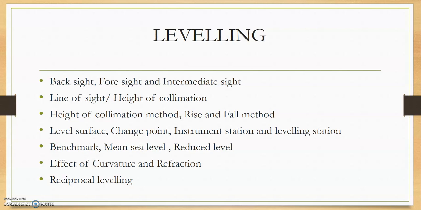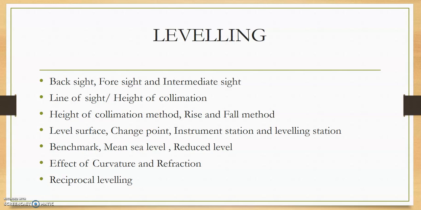So a benchmark is a known datum which has a known RL with respect to mean sea level. What is mean sea level? We know that during full moon day and new moon day, the height of the wave changes, hence we should consider the average. The average sea level is considered as mean sea level.